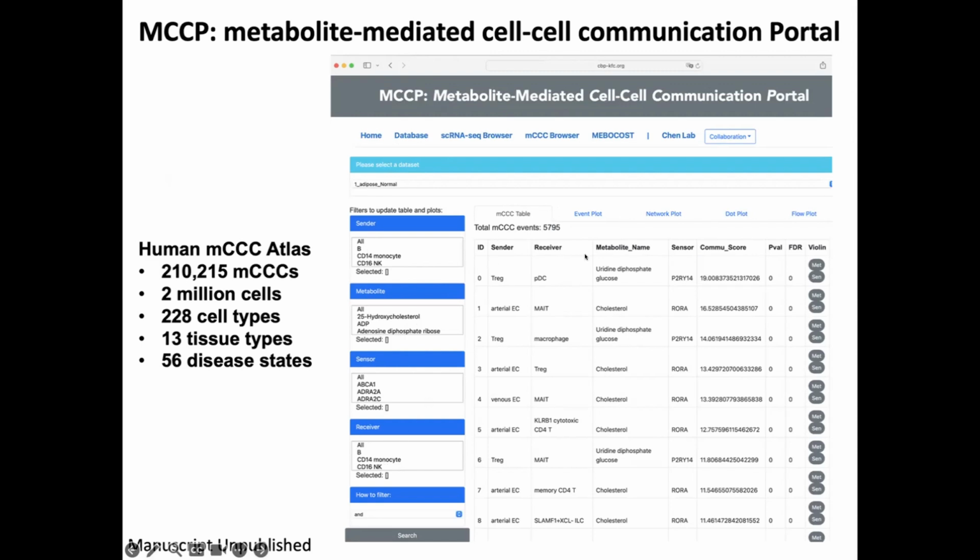Then the web portal will return the list of the communications and allow you to generate lots of figures, like event plots, network plots, dot plots, flow plots, and so on. So basically, just by visiting this website, you can generate almost publishable figures for the metabolites and the cell types that you are interested in.